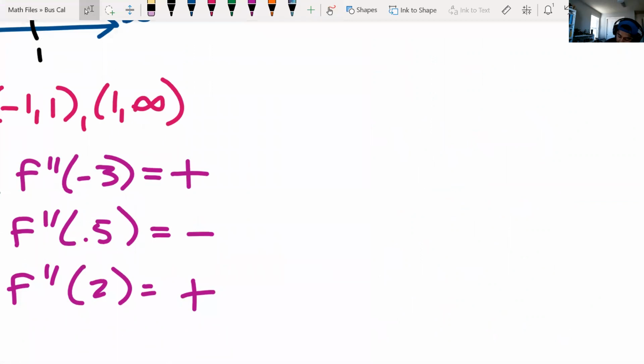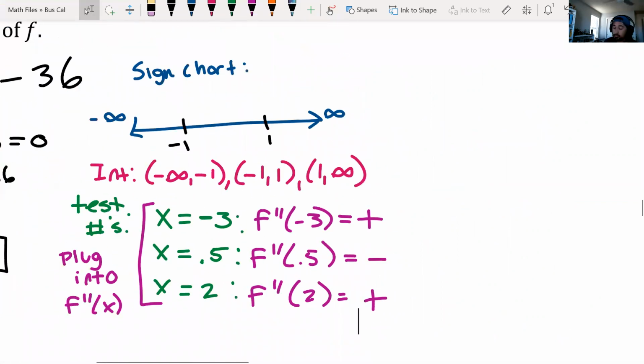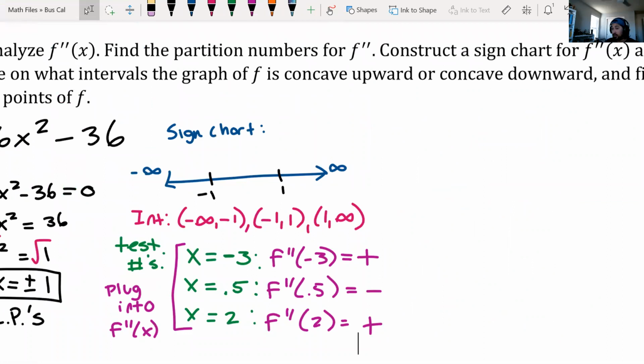Which means that from negative infinity to -1, we're positive, which means we're concave up. From -1 to 1, we're negative, which means we're concave down. Then from 1 to infinity, we're positive, so we are concave up.